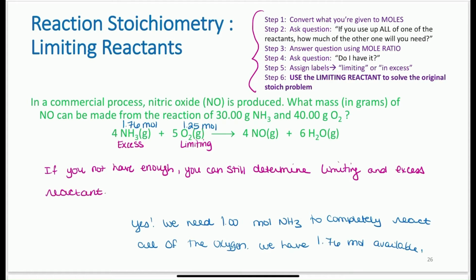In that case, whichever one you don't have enough of is your limiting reactant. You just may need to recalculate to determine your final yield and product.